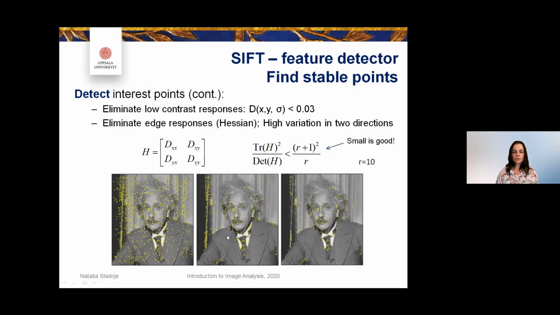This is what we get after removing those that are at a low contrast, and then further eliminating those that have this value larger than our predefined threshold.